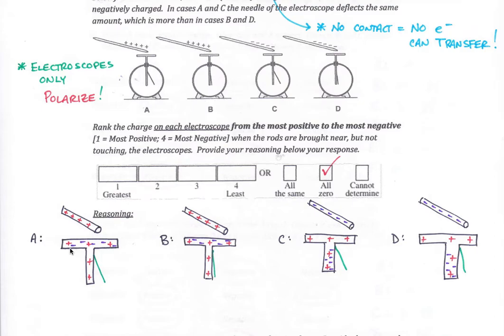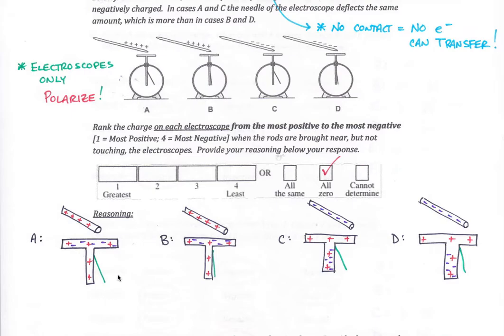So if you look at A, originally these electrons would have all been spread out throughout here, but when you bring a positively charged rod near, the electrons will polarize and travel to the top to be as close as possible to this positive rod. That leaves the top part with a negative charge, the bottom part with a positive charge. That means this bottom section becomes positive, and the needle also becomes positive because electrons from both will have traveled to the top.